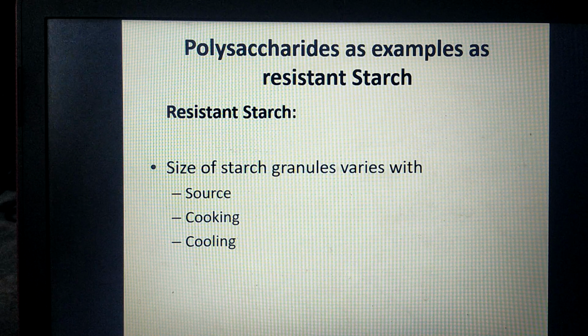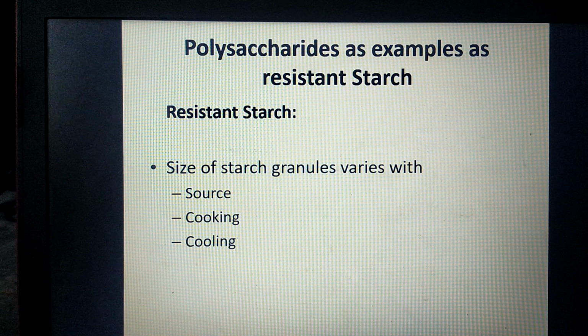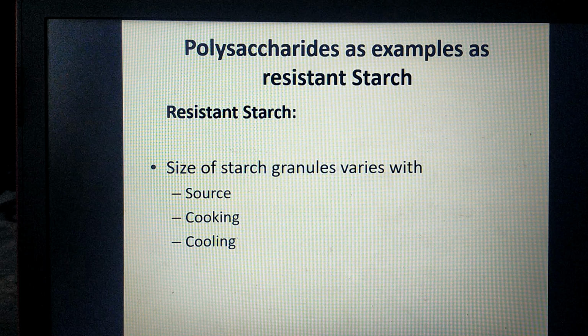If the size of starch granule is more, then it can be easily digested because the surface area for action of enzyme is more. But if the starch granule is very compact, then it cannot be easily digested because the surface area available for action of enzyme amylase is less.